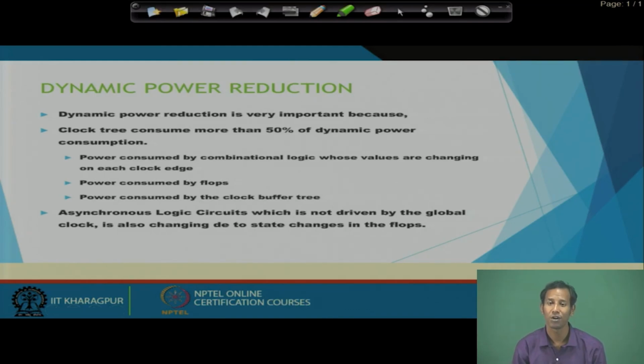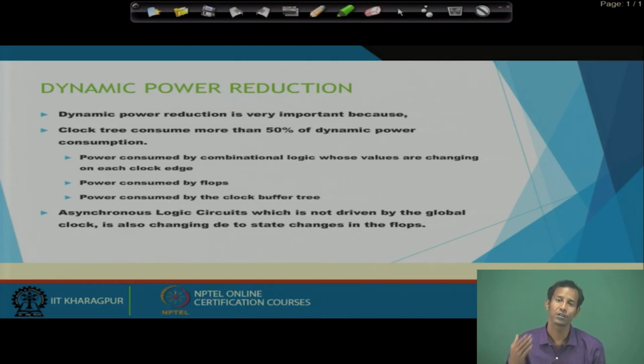Why? Because the clock is distributed throughout your entire chip, and this clock tree is a path which is active all the time inside your chip, because the clock is continuous to your system.